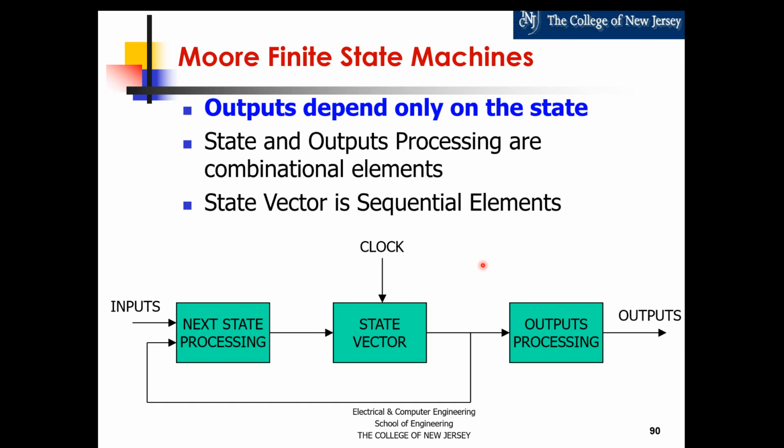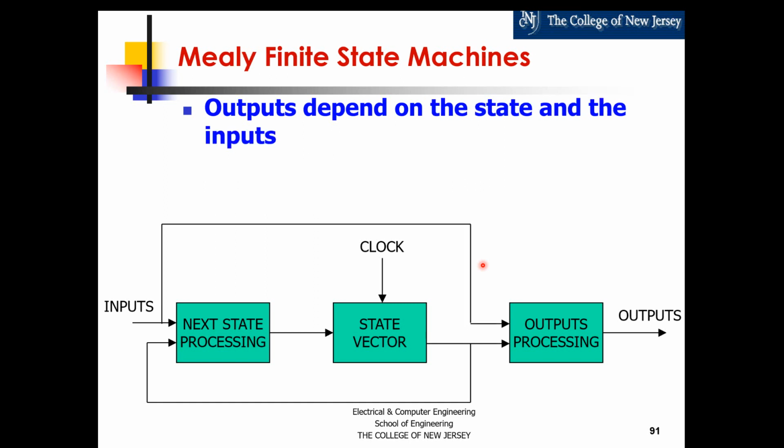in this course. There is no reason to use the Mealy finite state machine, whose only difference is that the outputs not only depend on the present state vector, but also on the inputs. But the inputs are asynchronous to the clock.